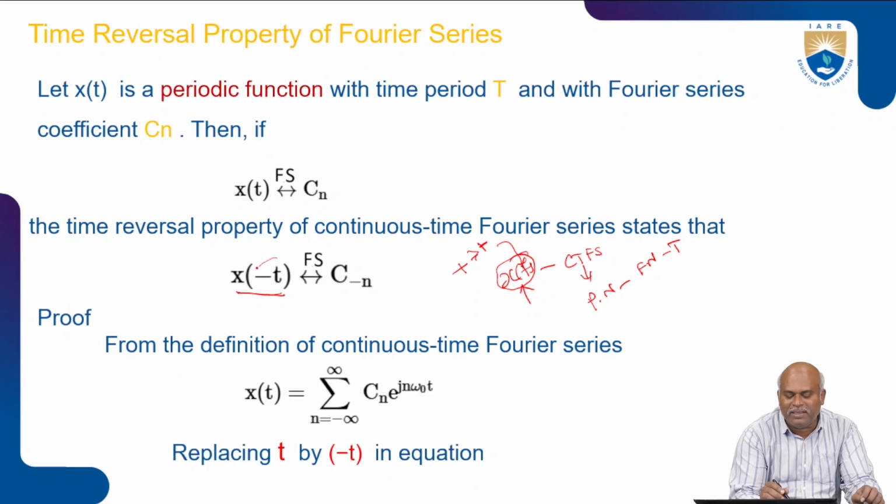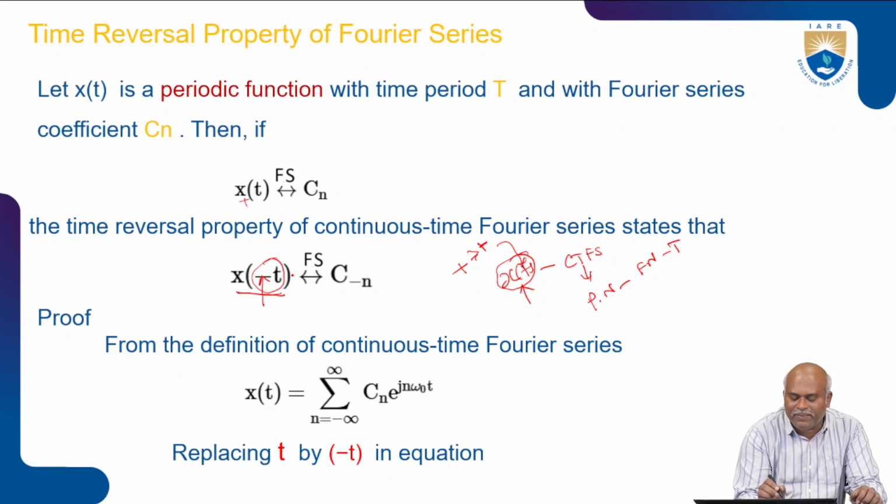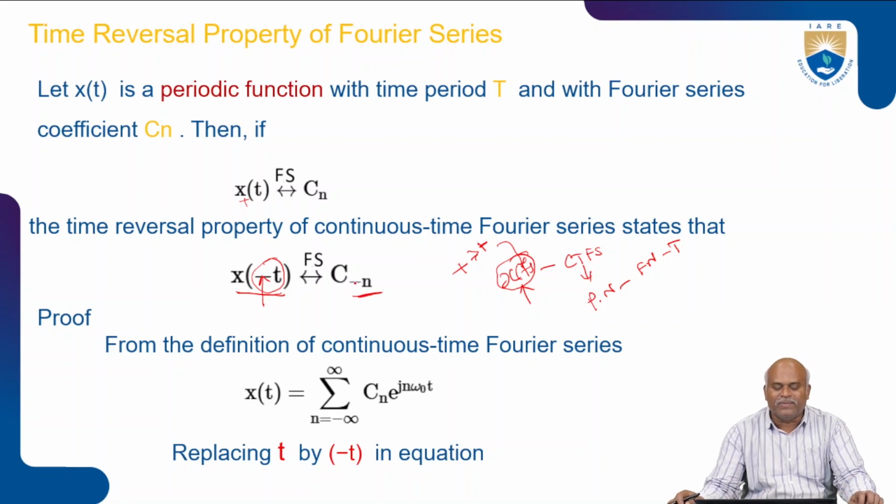If the time is reversed, what happens in the Fourier series transform condition? Here t is plus, so C of n is also plus. Here t is minus, so x of minus t has n also going to minus. This is represented as the time reversal property of Fourier series.